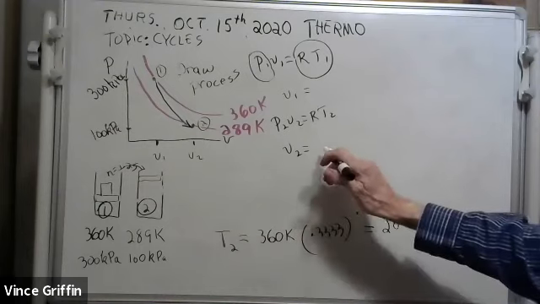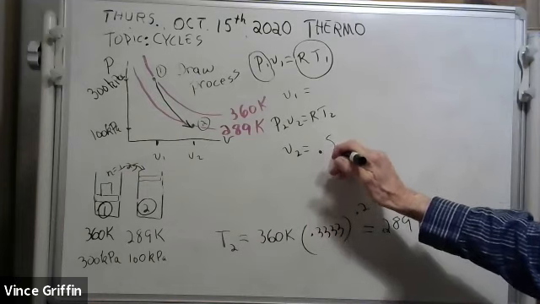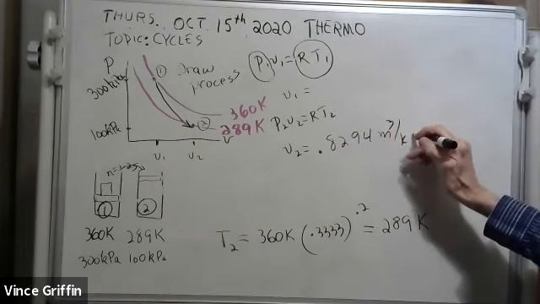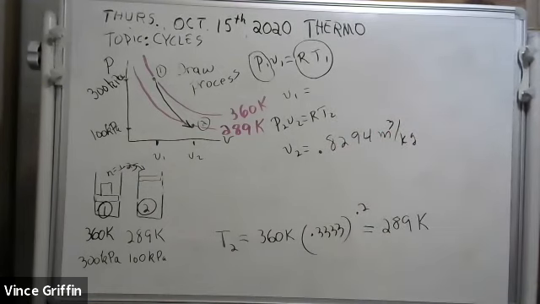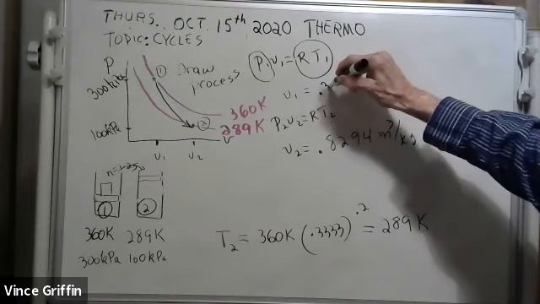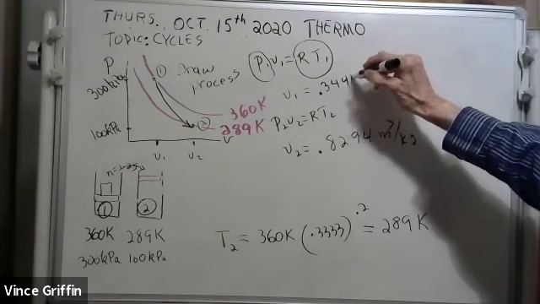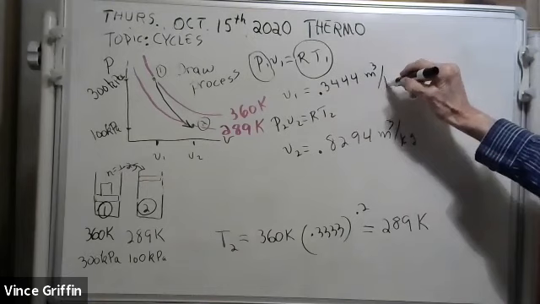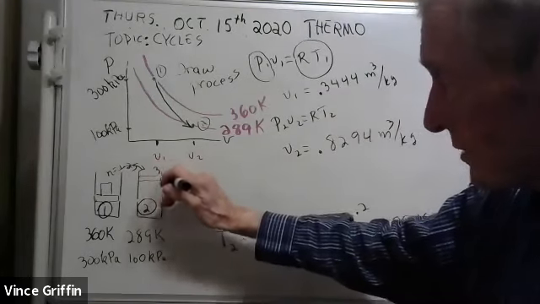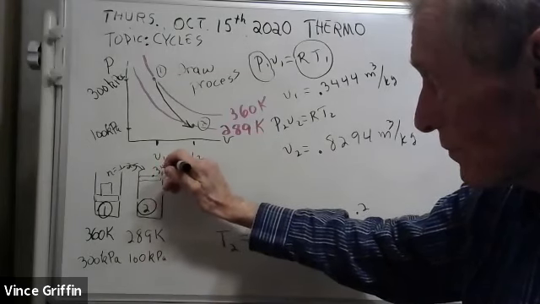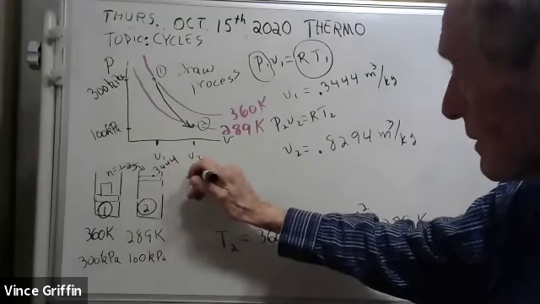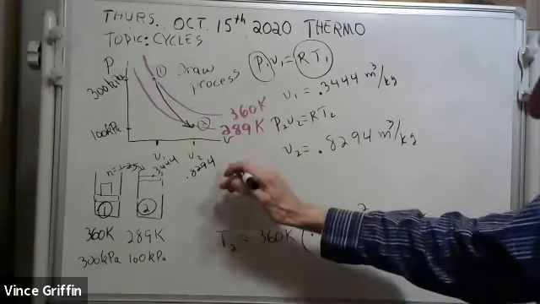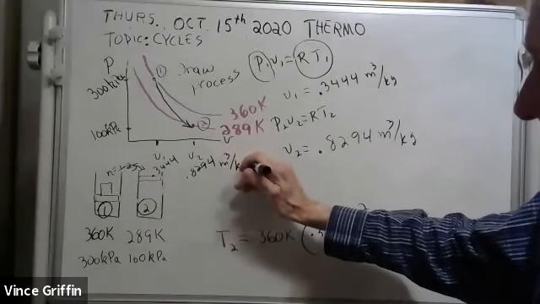Well, here's what I got for my specific volumes. This is 0.3444, and this one is 0.8294 cubic meters per kilogram.